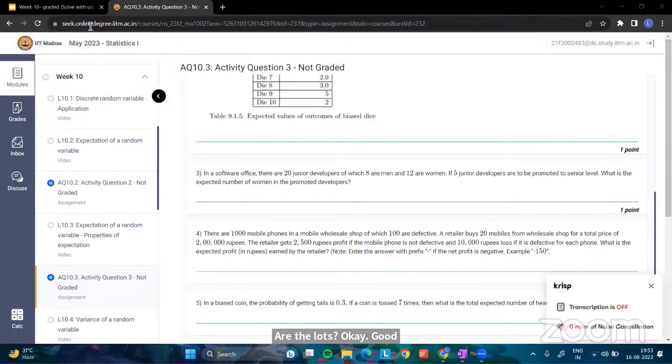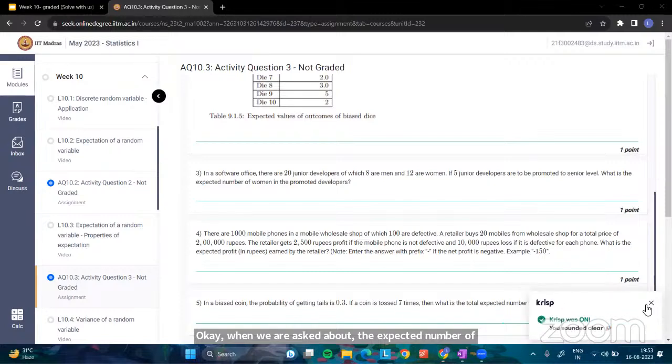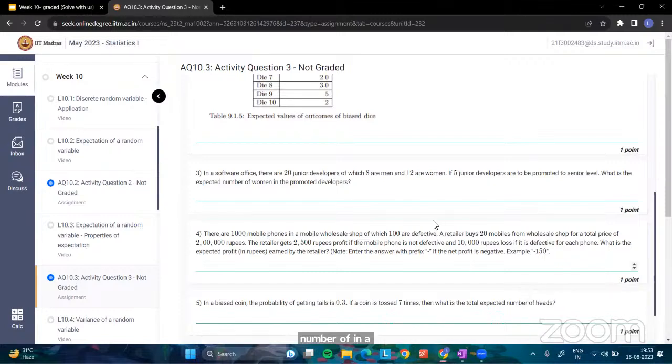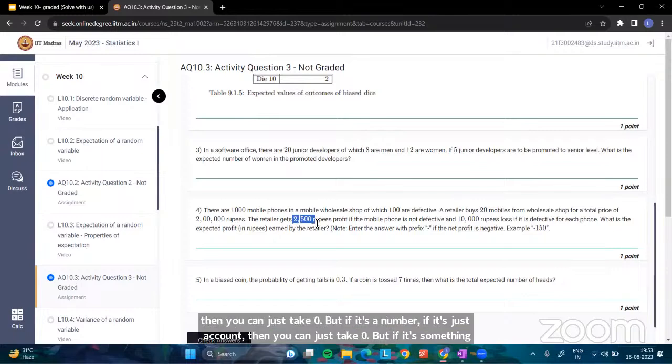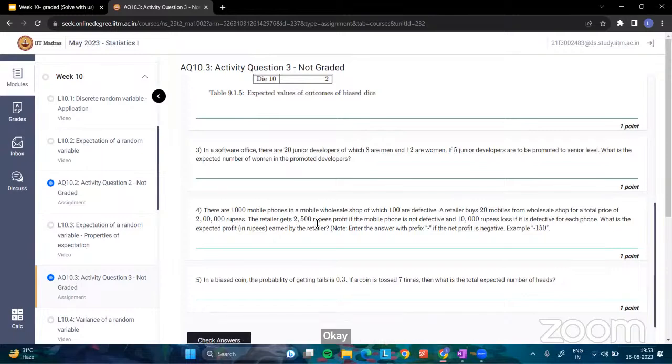When we are asked to find the expected number of women in a group, the keyword is number. If it's just a count, then you can just take 0 and 1. But if it's something else, like the profit, then you'll have to take the profit itself as the random variable.